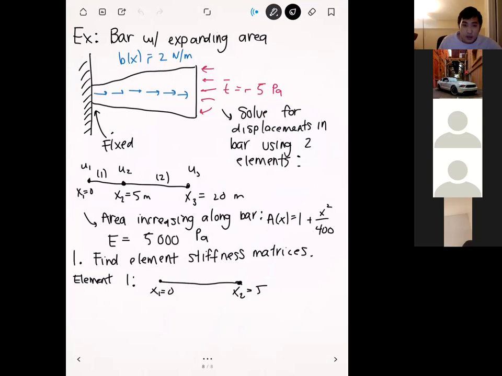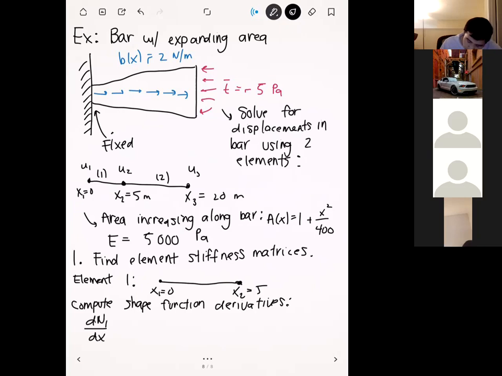So when you're solving these 1D problems, the first step that you should do is to compute the shape function derivatives, because this is going to save you a lot of work and a lot of writing in the notebook. Our shape function derivatives are going to be dN1/dx and dN2/dx.